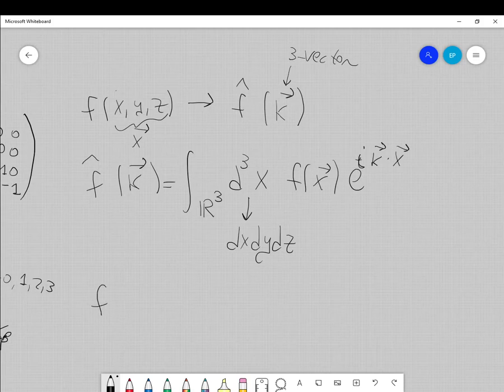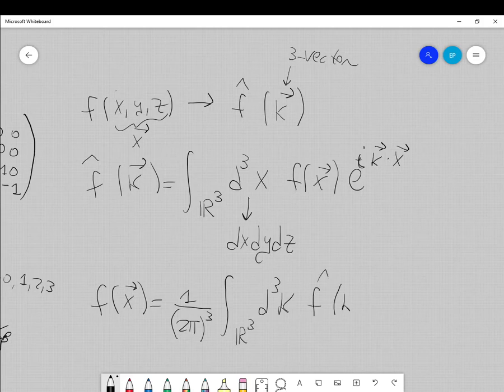And the inverse of this is just f of x equal to, so since we have 3 transformations here, we have to divide by 2 pi to the 3rd power, integrate over R3 as well here, d3k times f hat of k e to the minus i k dot x.